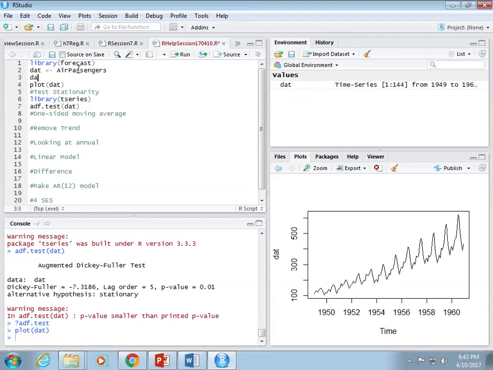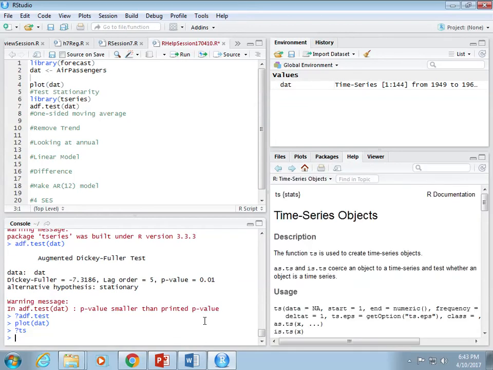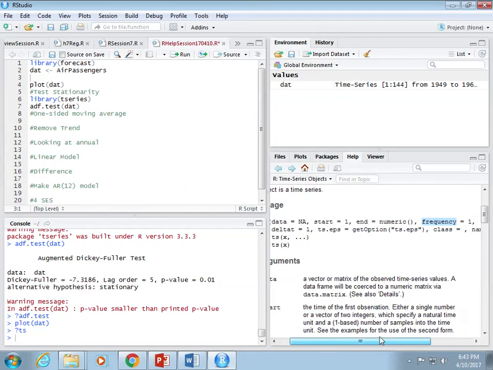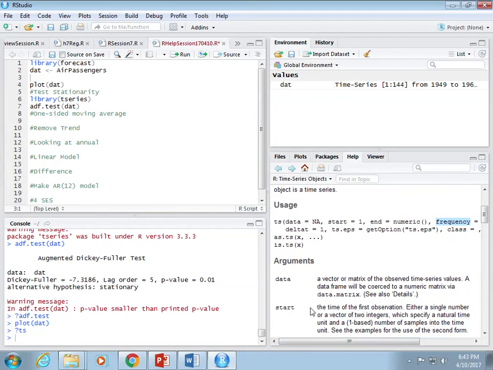I would follow along with question mark ts: you put in the data, tell it what start time to have, and the frequency is the big one. Frequency is the number of periods in something. For monthly data, you'd have 12 periods per year, and for quarterly, 4 quarters per year.